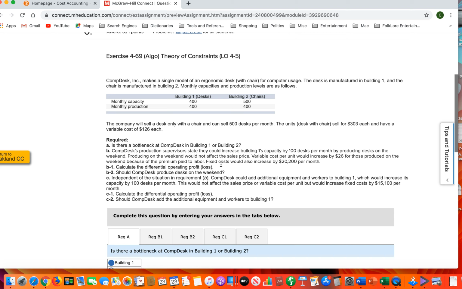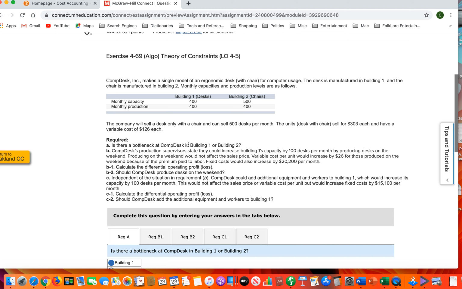Variable cost per unit will increase by $26, because of the labor. Each has a variable cost of $126 each.